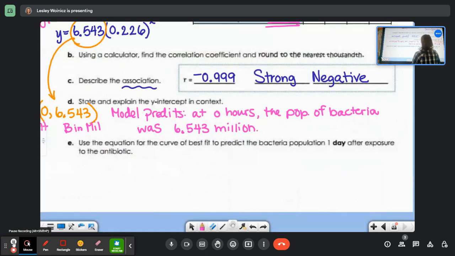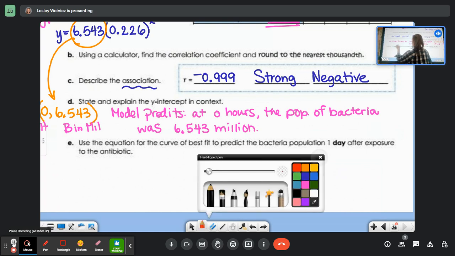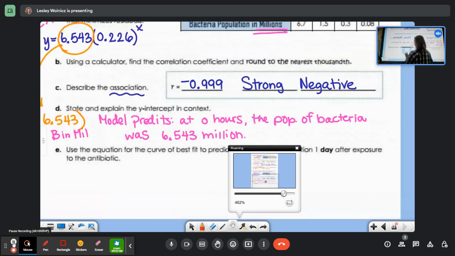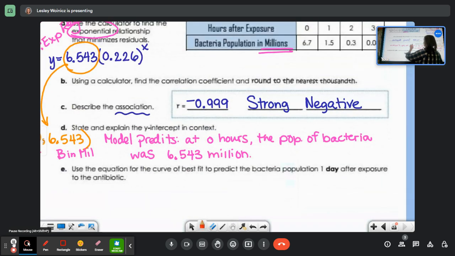Last, use the equation for the curve of best fit to predict the bacteria population 1 day after exposure. Now, be very careful. This says hours, and this says days. So you can't make the X 1. 1 day is 24 hours.